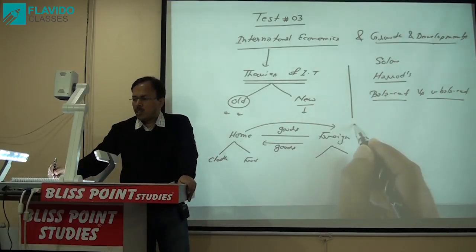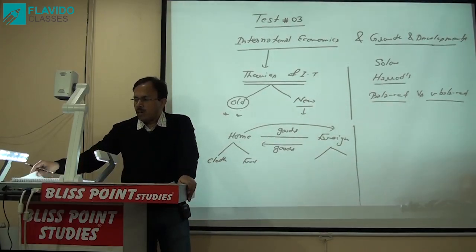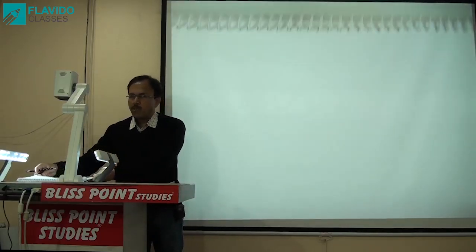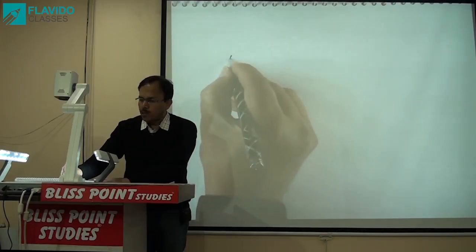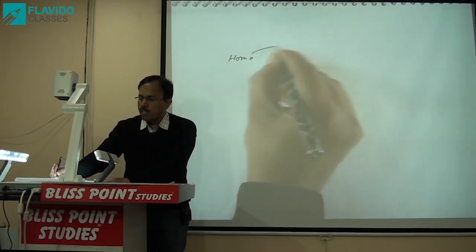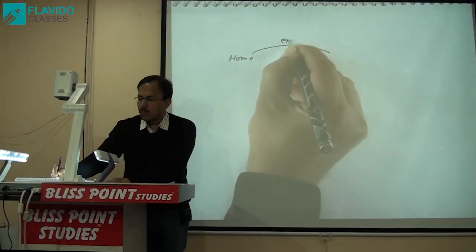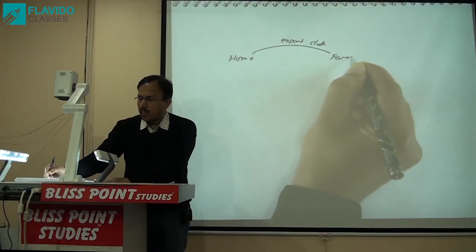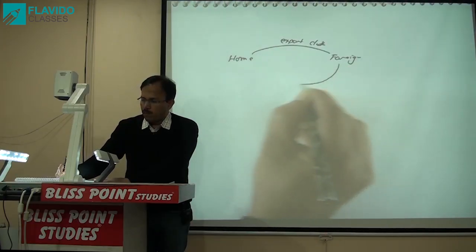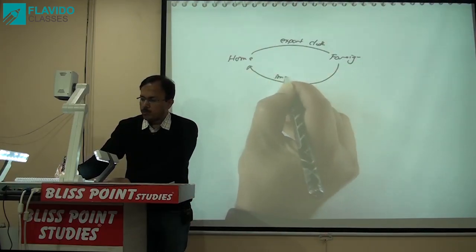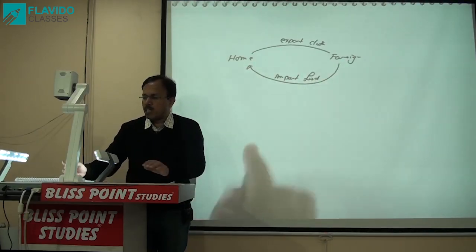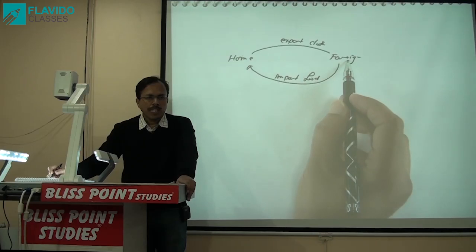Now to some extent you can also say that the outcome is very similar. If there is a flow of goods from the home country to the foreign country, so the home country exports cloth and imports food from the foreign country, then obviously if the home country is exporting cloth, the price of cloth in the foreign country must have been higher.